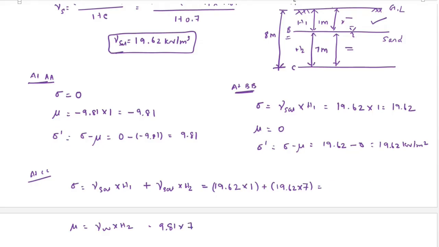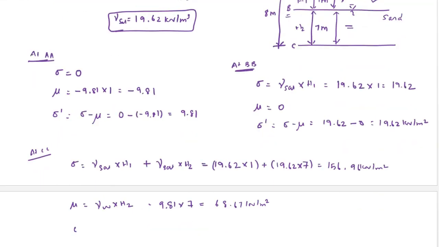So the sigma value is 156.96 kilonewton per meter square. From that mu is equal to 9.81 into 7, the value is 68.67 kilonewton per meter square. After that sigma dash, sigma dash equal to sigma minus mu, we know the formula.